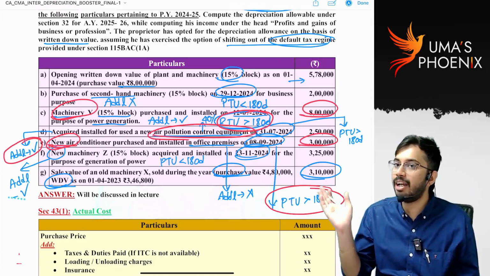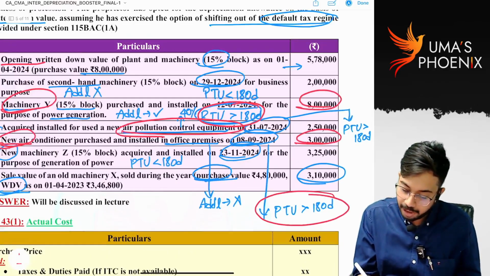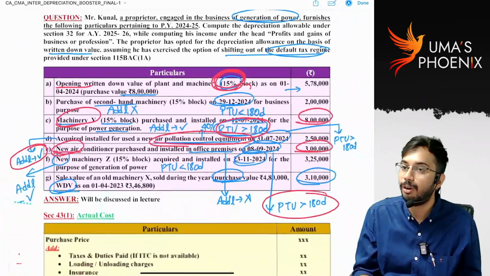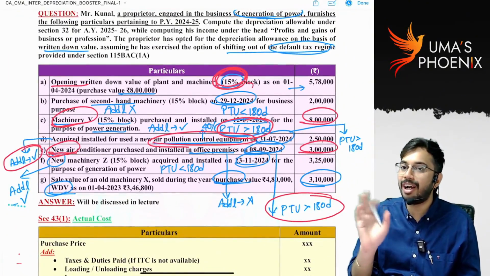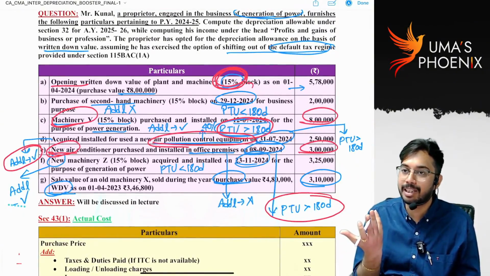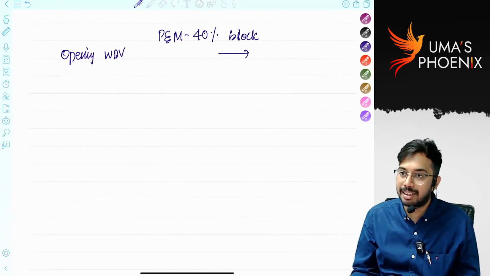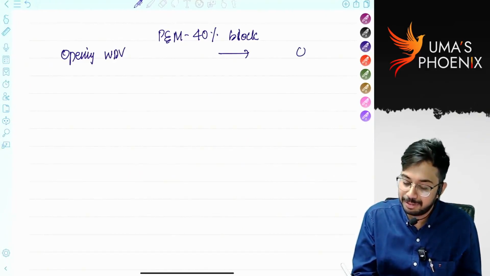For that, is any opening written down value given? Opening written down value is given for the 15% block. See, I zoomed it. Opening written down value is not given for the 40% block. Opening written down value is 0.